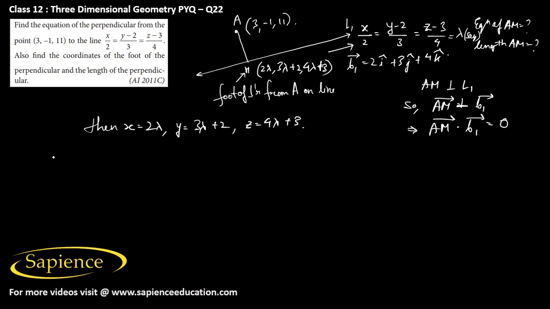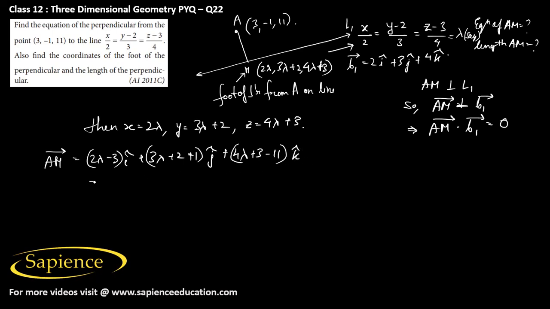Now the AM vector can be written as (2 lambda minus 3) i cap plus (3 lambda plus 2 minus 1, so plus 1) j cap plus (4 lambda plus 3 minus 11) k cap. So this will be equal to (2 lambda minus 3) i cap plus (3 lambda plus 3) j cap plus (4 lambda minus 8) k cap.